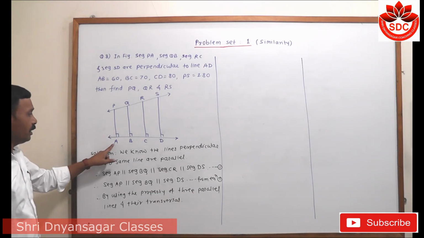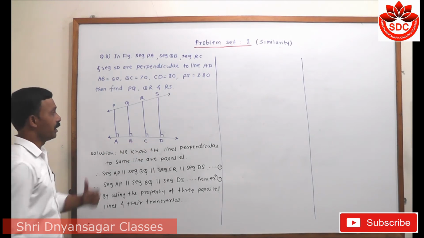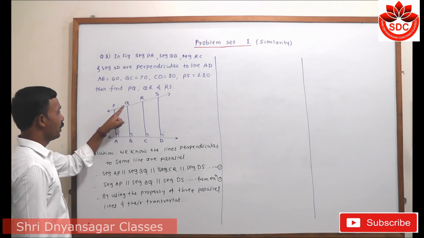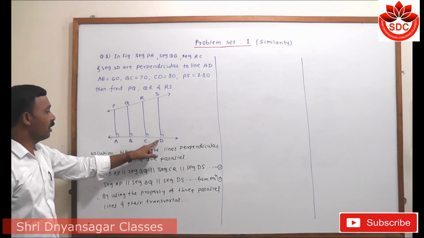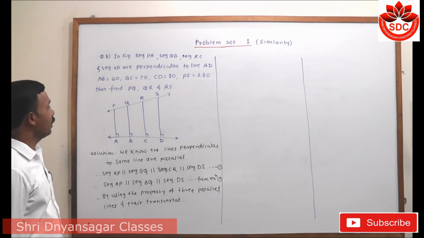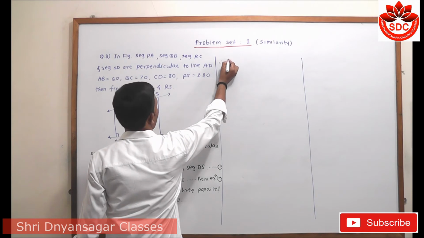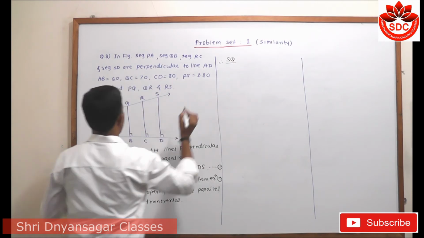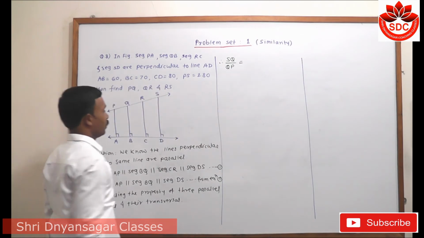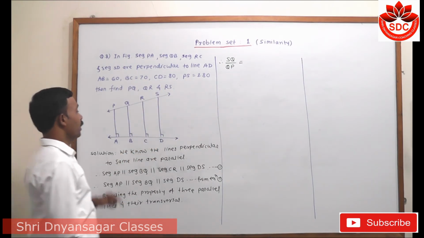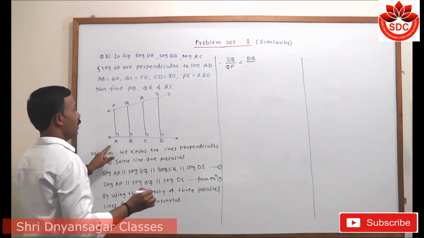Now look here, these three line segments are parallel, so AB upon BD is equal to PQ upon QS, or we start from S or D also. So I take the point from S: SQ upon QP is equal to DB upon BA.